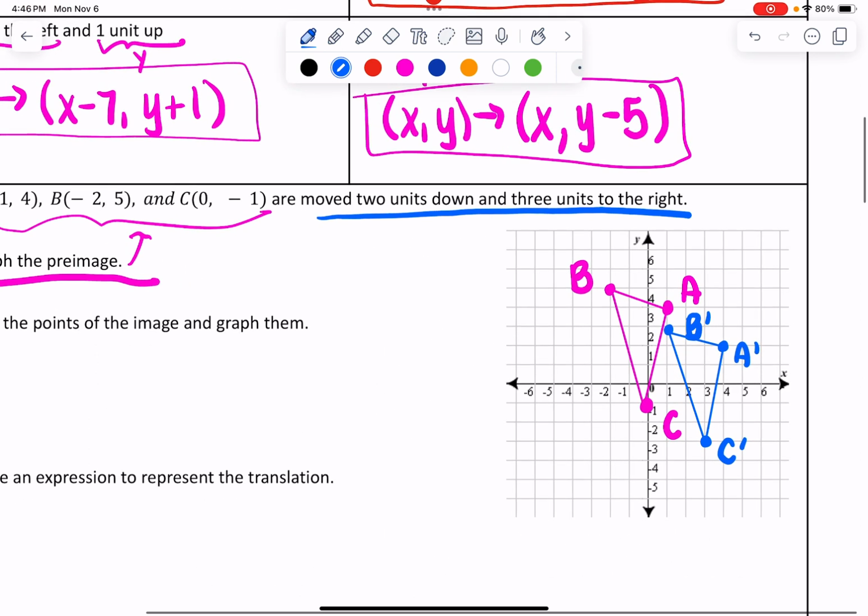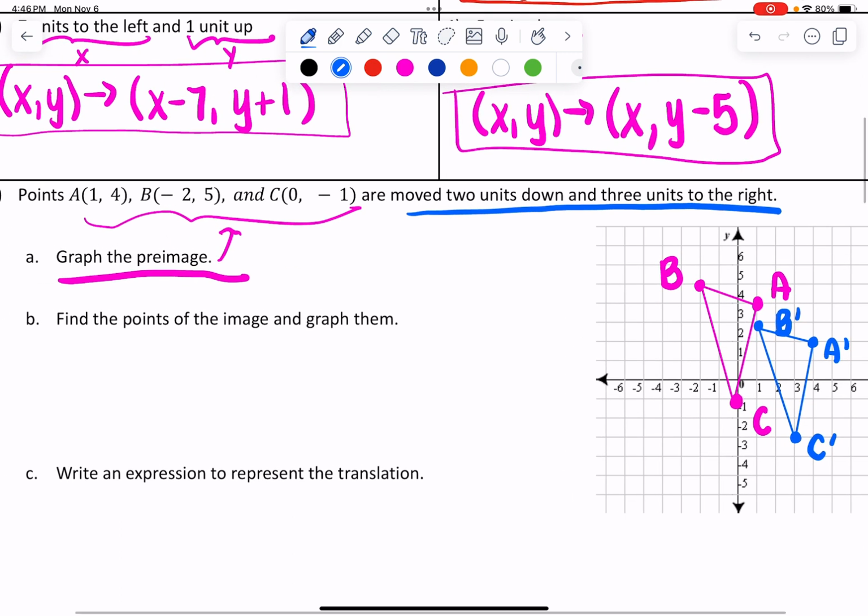From there, you're just going to tell me what those new points are. Starting off with A prime, make sure you go from the origin. The origin is here. A prime is going to be moved 4 to the right and then 2 up, so it'd be 4, comma 2.